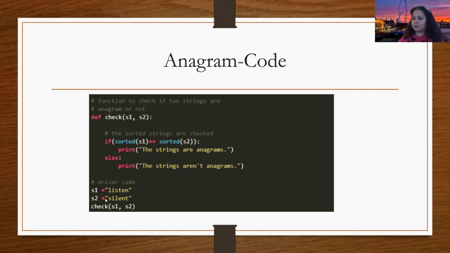There's another example here, listen and silent. These two are anagrams. On the other hand, if I had any character, like let's say I have two Ls in listen, then that wouldn't be an anagram of silent.